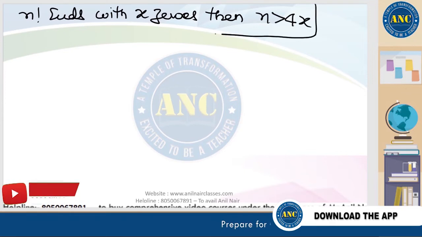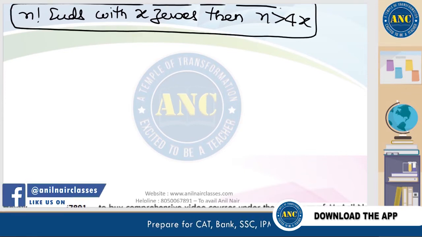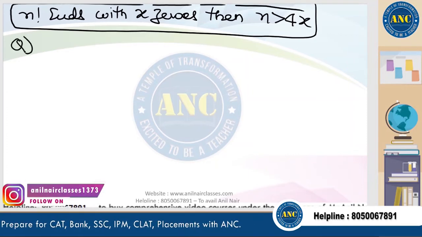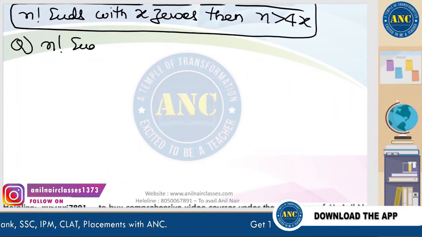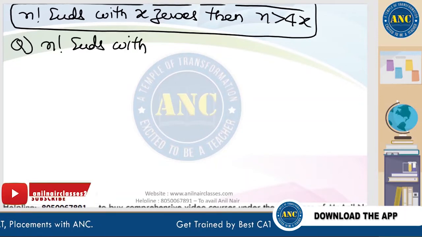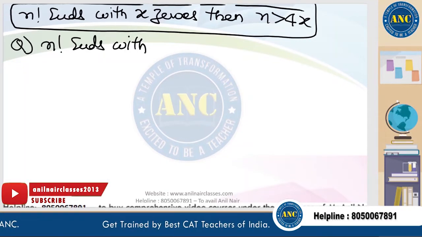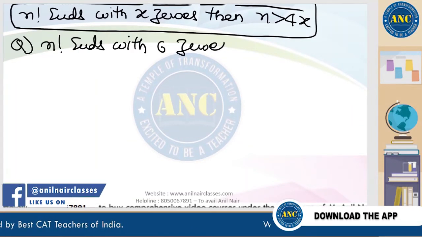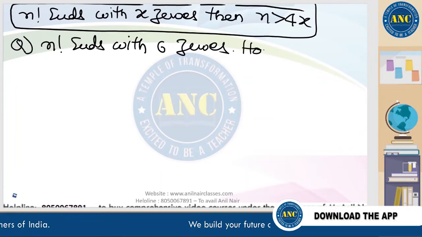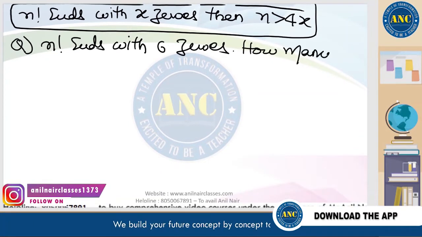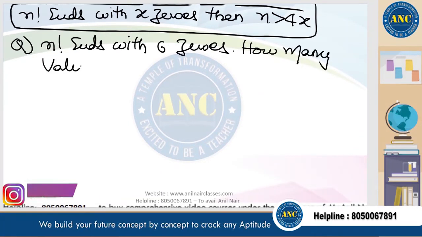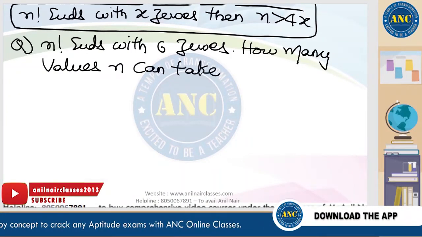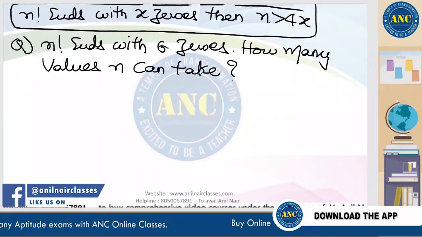Suppose, for example, a question: n factorial ends with 6 zeros. How many values can n take?